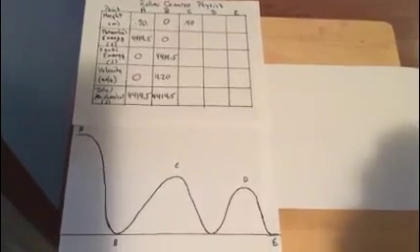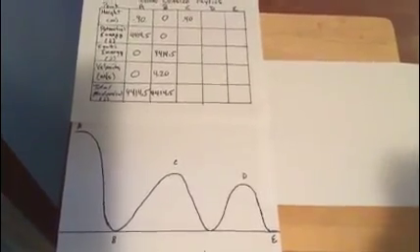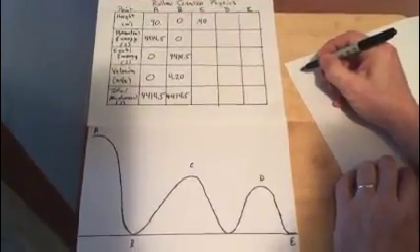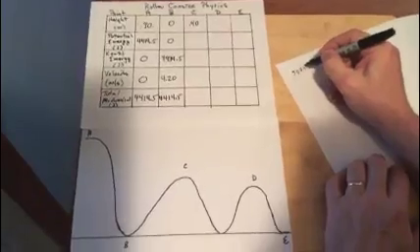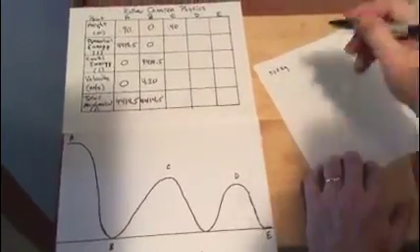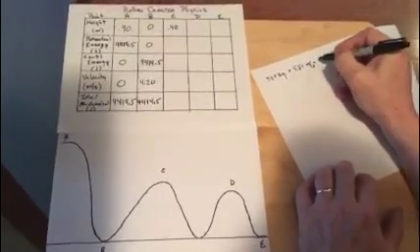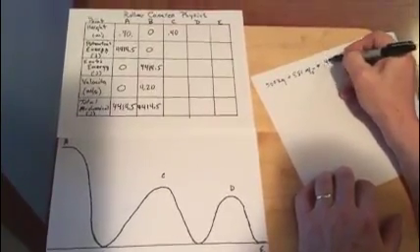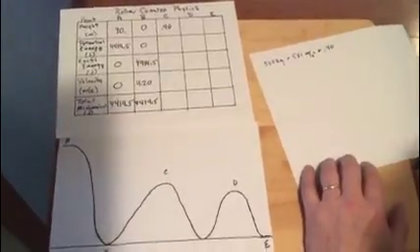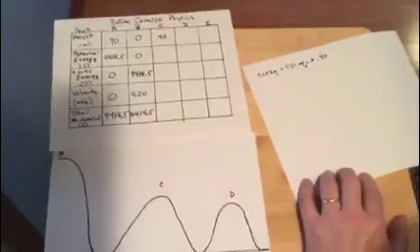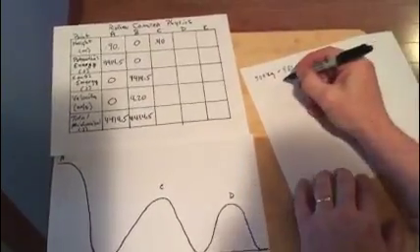Well, the new potential energy is going to be mgh. So here we go. M was 500 kilograms times 9.81 meters per second squared times now our new height, which is 0.40. We multiply that out and we get 1962.